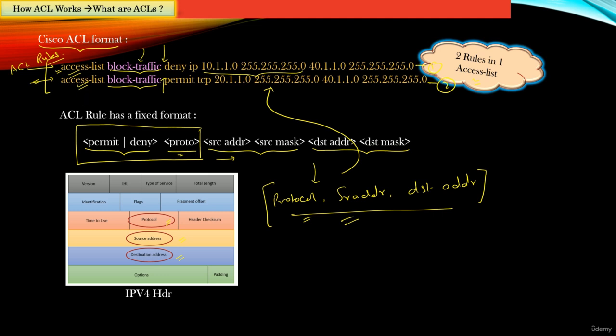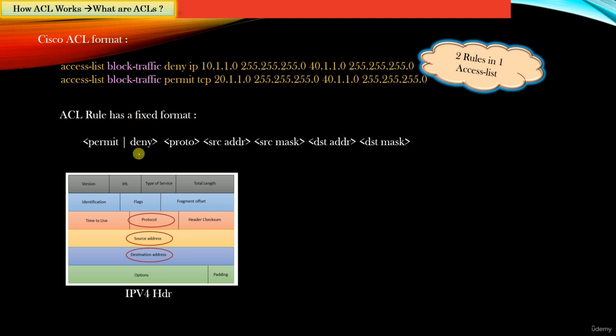We are going to understand exactly in what order the three parameters, the protocol, source address, and destination address, are evaluated against the individual ACL rules of the access control list. It is not necessary that they will be evaluated in top-down order. The user can configure the ACL rules in any order.